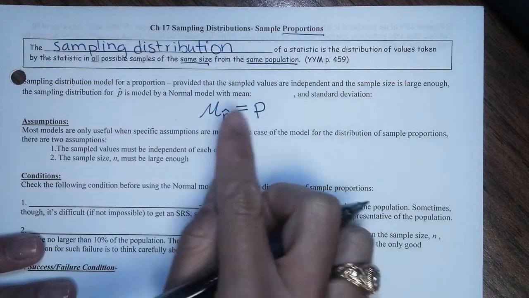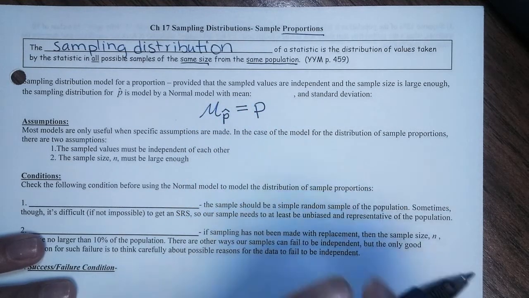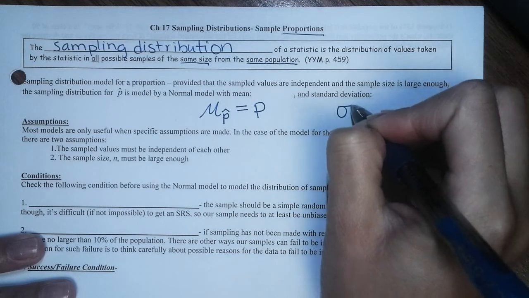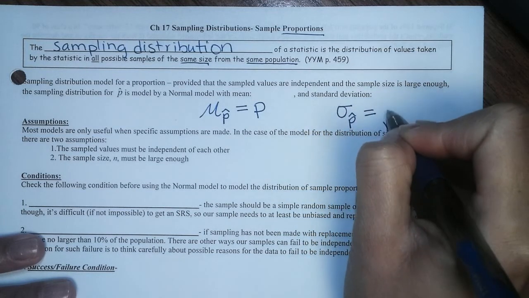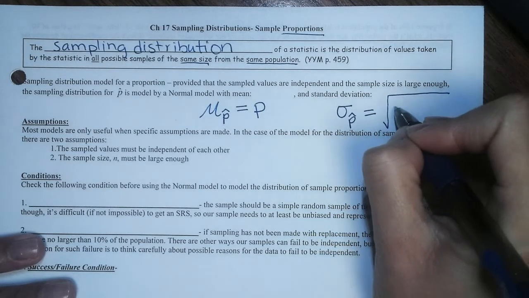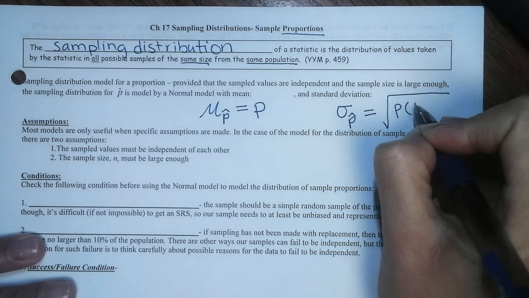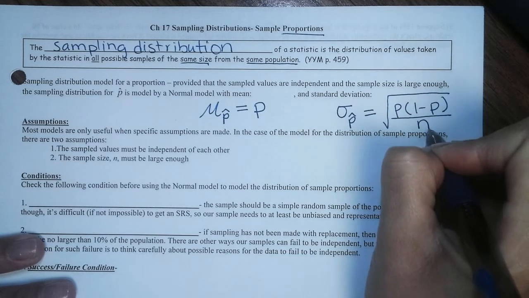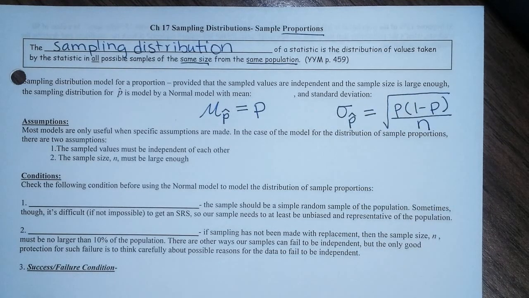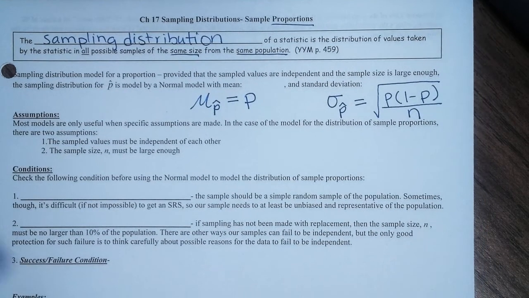I'll explain to you what the symbols mean. For now, write them down. And the standard deviation of the p hat equals the square root of p times 1 minus p divided by the sample size. So basically, here's what these formulas are. You need to write them down and memorize them.